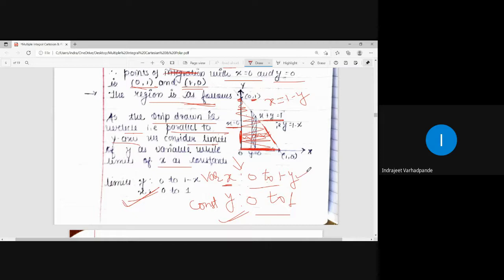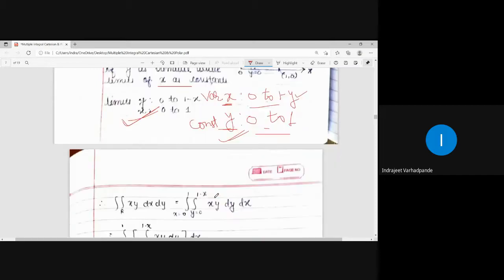The answer will be in the form of y. Integrate with respect to y. Put the constant limits. You get the answer. I hope this explanation is very much exhaustive and detailed so as to determine the limits. Once limits are generated, it is very simple, convertible to the earlier case, how we simplify and get the answer.